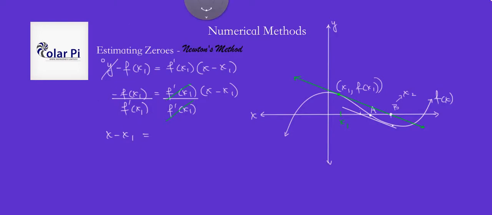And we're almost done solving for our 0, which is b, or our estimate of the 0, I should say.